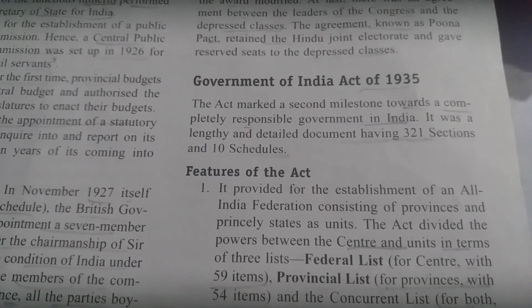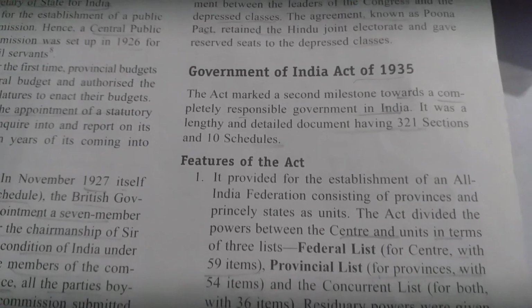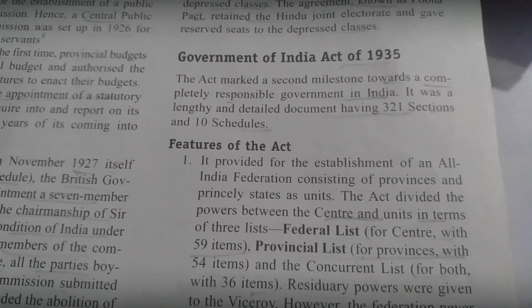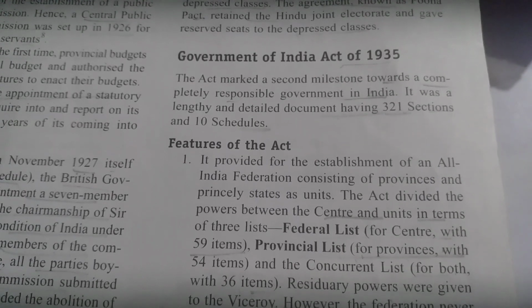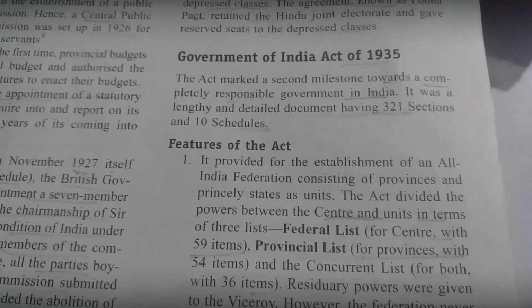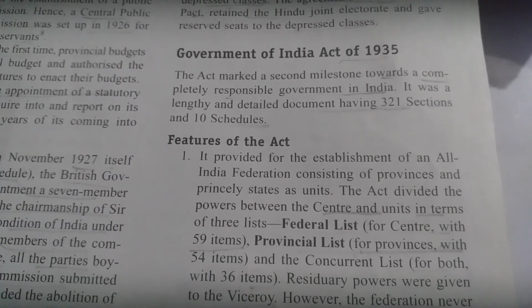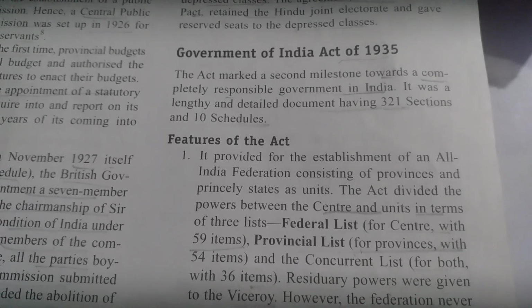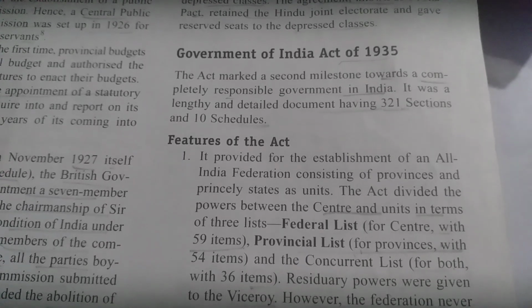1935. It provided for the establishment of an all India federation consisting of provinces and princely states as units. The act divided the powers between the center and units in terms of three lists.